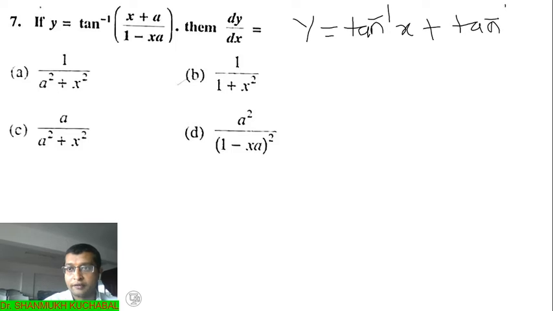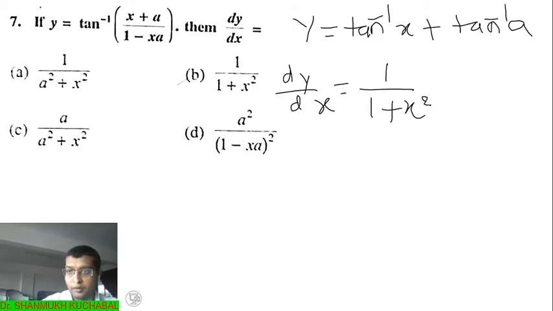So it is a standard formula I have used here. So further we have to differentiate y with respect to x. So differentiation of y is dy by dx. Further tan inverse x differentiation is 1 divided by 1 plus x square. So we observe that a is a constant.